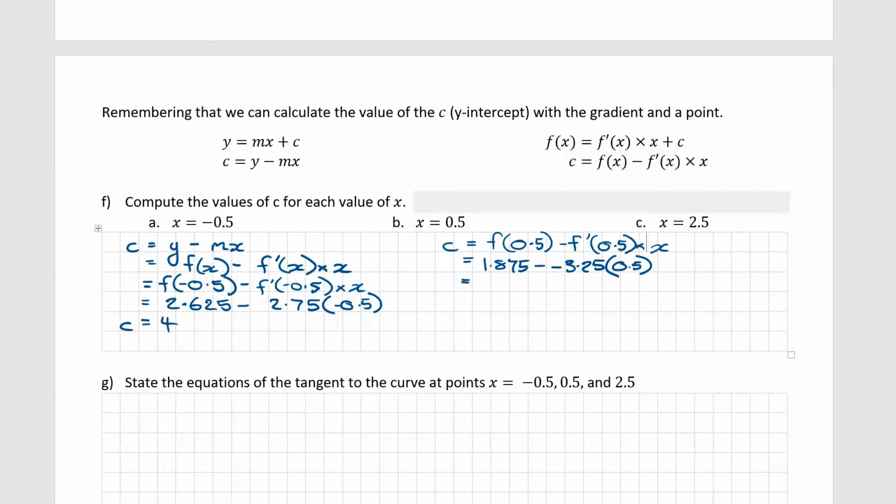Simply putting that in the calculator, we end up with the result c equals 3.5.